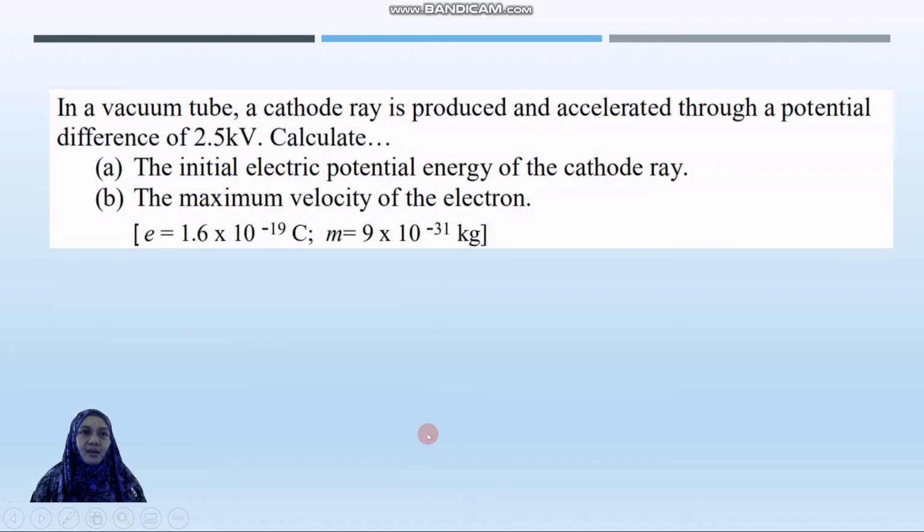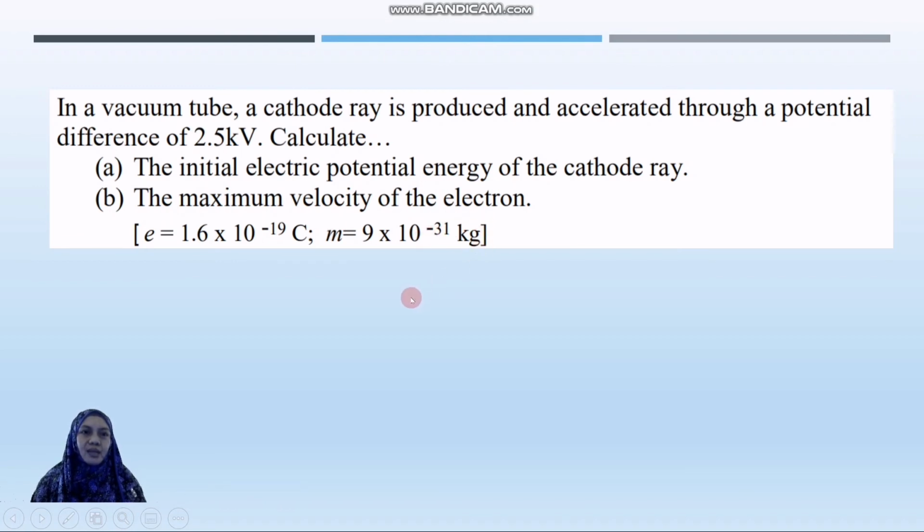Alright, next question. In a vacuum tube, a cathode ray is produced and accelerated through a potential difference of 2.5 kilovolt. Calculate A, the initial electrical potential energy of the cathode ray, and B, the maximum velocity of the electron, when you are given e and m in the bracket.